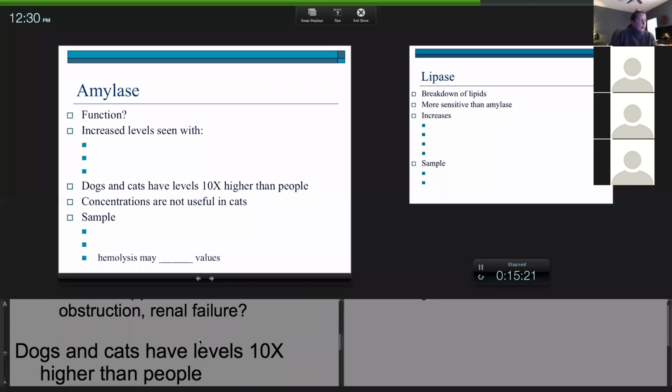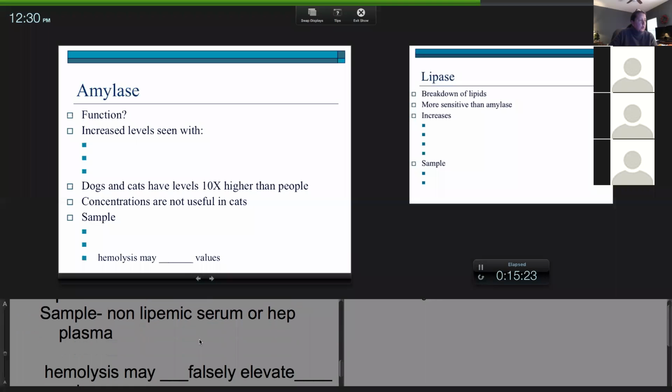The sample, though, is preferred to be non-lipemic. And the problem is sometimes animals with pancreatitis, or especially if they've had a high-fat meal that triggered a pancreatitis, a lot of times that will come back lipemic. So it can affect this result.